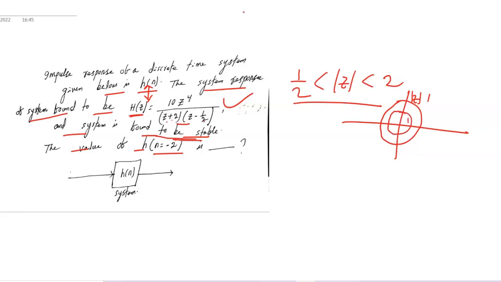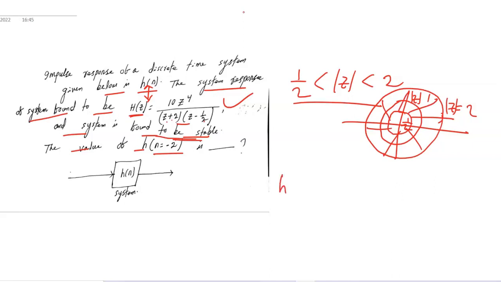This is your half circle, that is a circle of radius half, and this is your circle of radius 2. So this is your ROC for these questions.